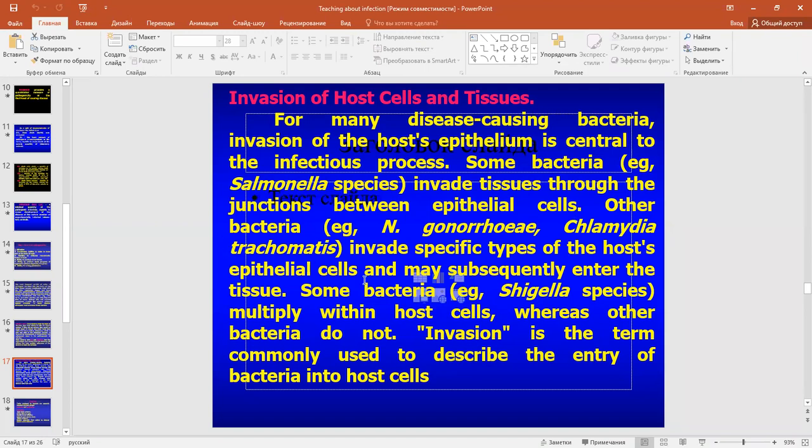Other bacteria, for example Neisseria gonorrhoeae and Chlamydia trachomatis, invade specific types of host epithelial cells and may subsequently enter the tissue. Some bacteria, for example Shigella species, multiply within host cells, whereas other bacteria do not. So invasion is the term commonly used to describe the entry of bacteria into the host cells.